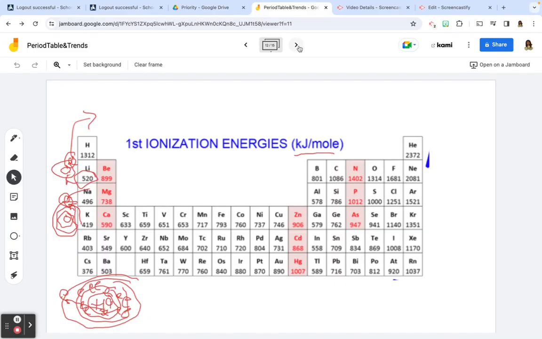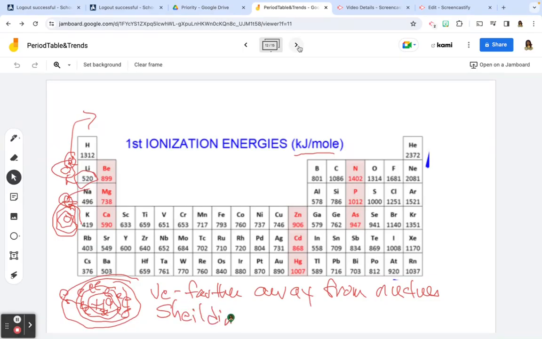So there are two reasons. The valence electron is further away from the nucleus, and there's something called the shielding effect, caused by the inner electrons.